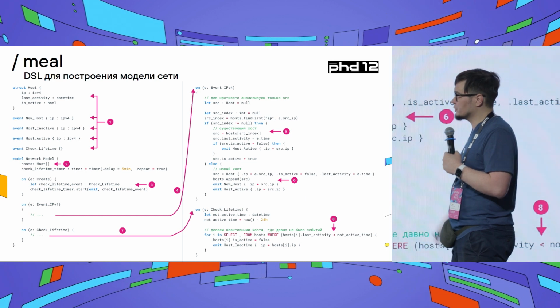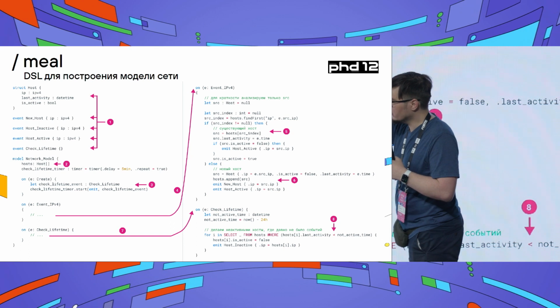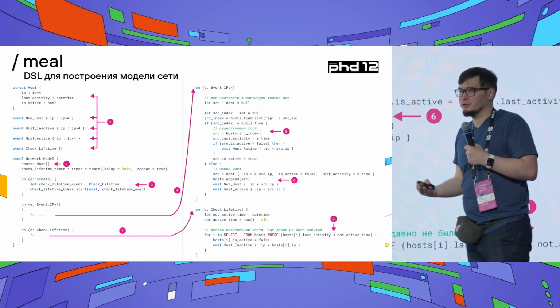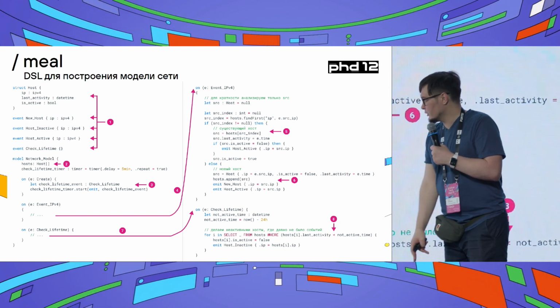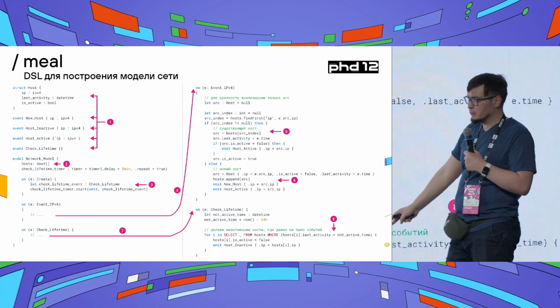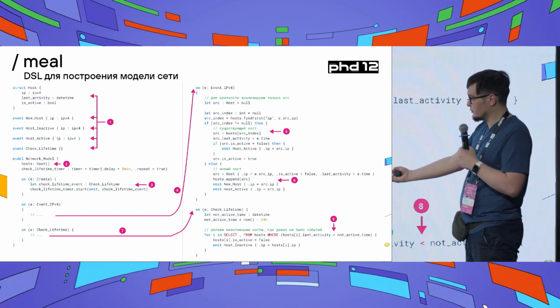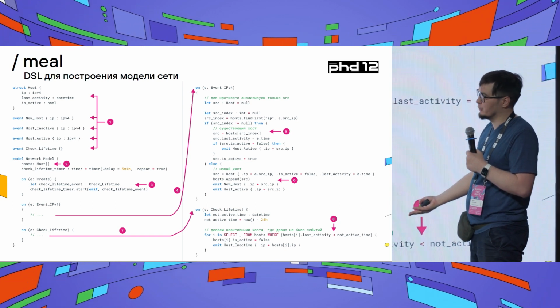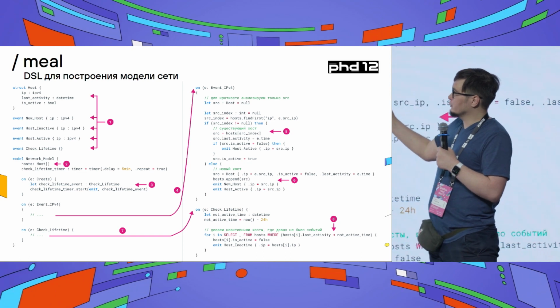But how do we declare that hosts have become inactive? Here, timers are useful. We want to check periodically all hosts, whether they are active or not. And we implement a timer. We query all hosts to see whether they are still active, and declare inactive those which have become inactive.